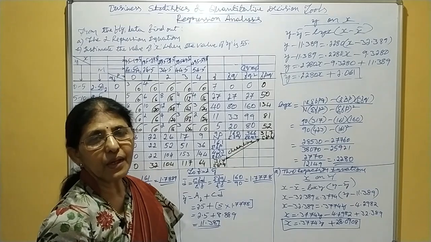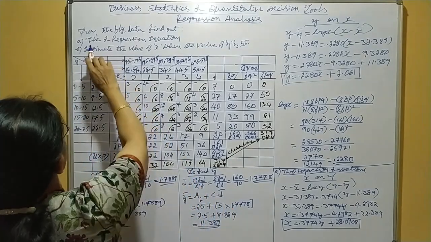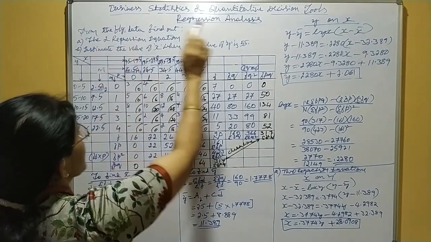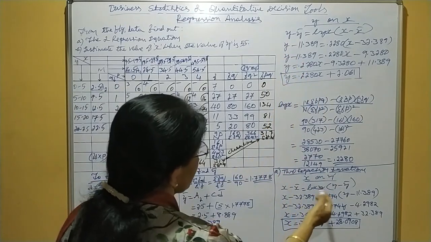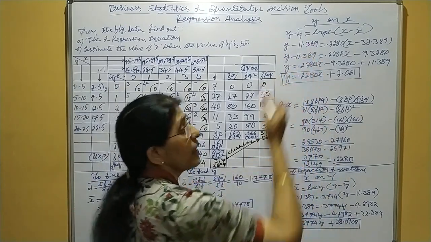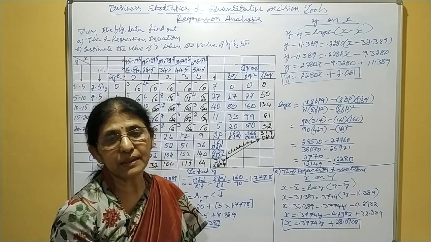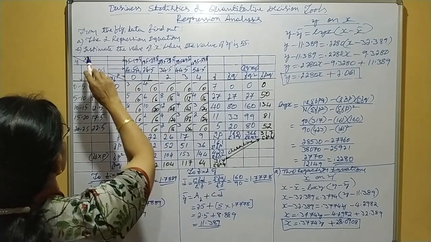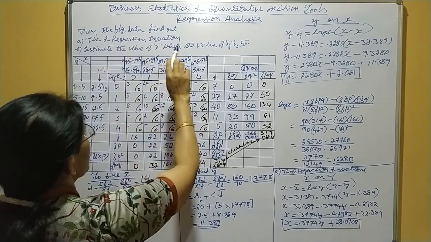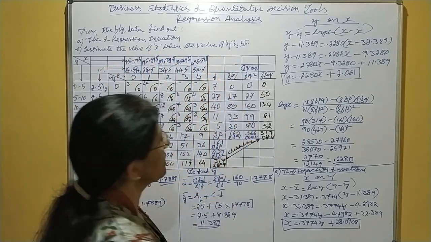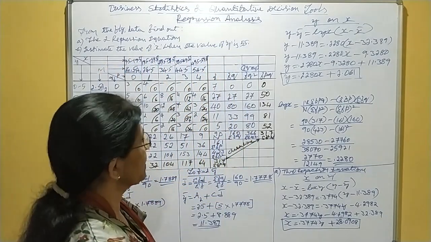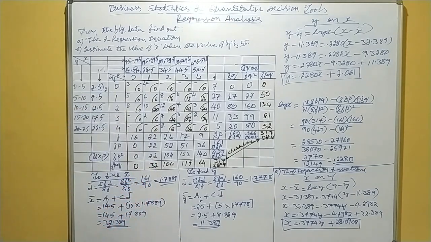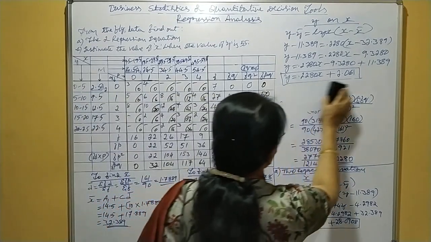Okay. Now here, see, the first question is over. The two regression equations, x on y and y on x, are over. Now the next question is, estimate the value of x when y is 55.